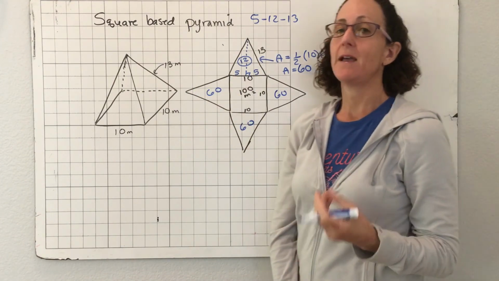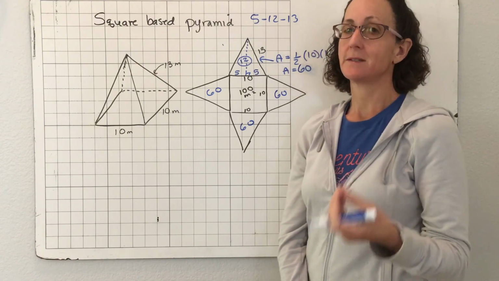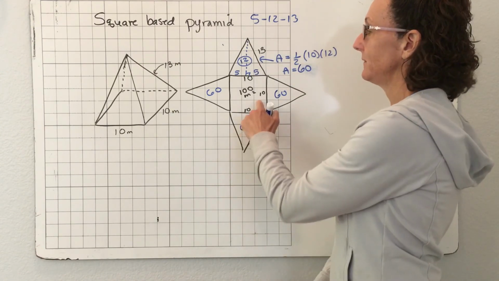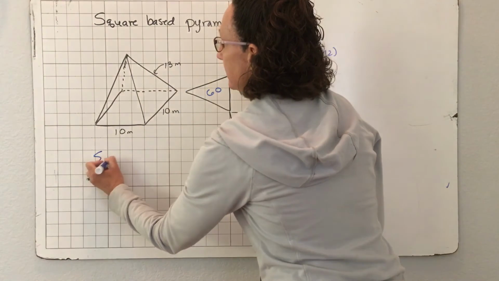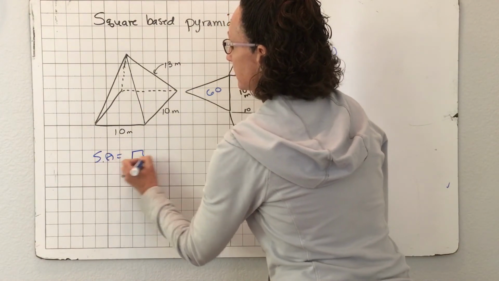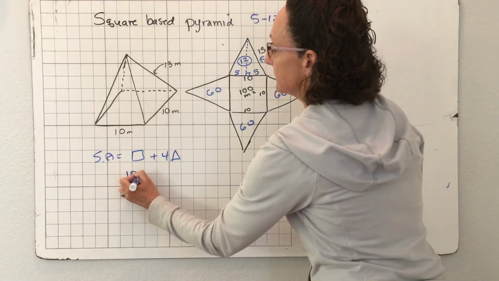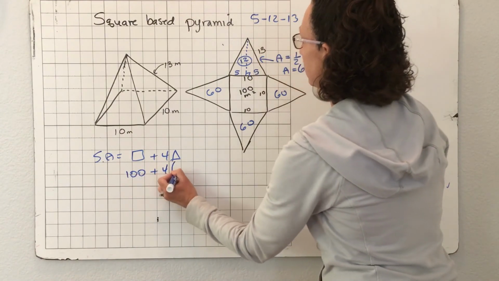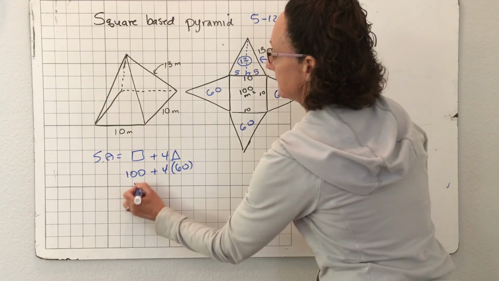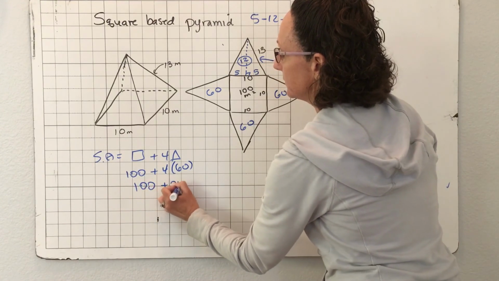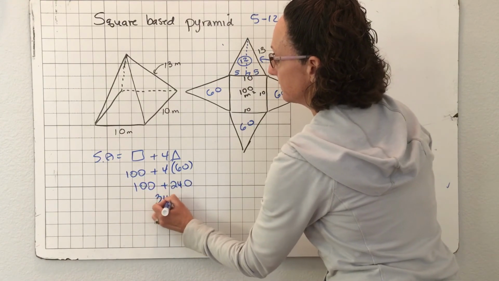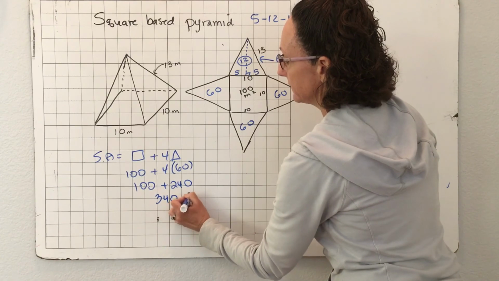So the area of every single triangle is 60, plus the area of the base. So the surface area equals the area of the square base plus 4 of the triangles. The square base was 100, each triangle was 60. So it's 100 plus 240, which is 340 meters squared.